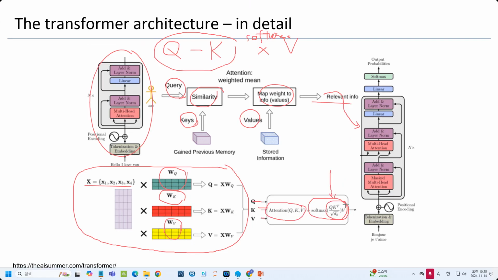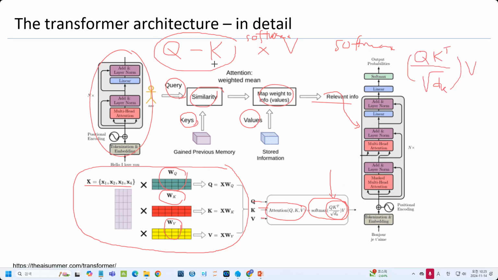This is the formula that has been proposed by Vaswani in 2017. So if you can see, this is the softmax of Q multiplied by K transpose divided by the square root of dk, multiplied by V. So the idea is still the same.